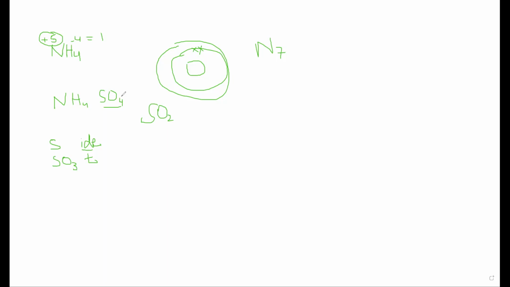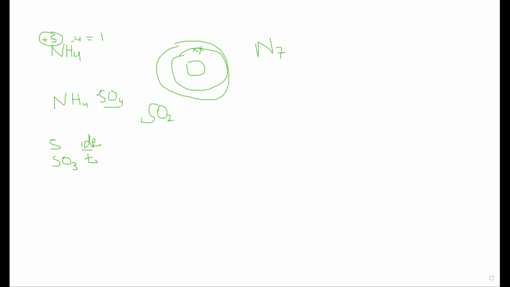Sulfur belongs to which group? Sulfur belongs to group 6. So the valency of sulfur would be 6, or going to gain 2 electrons, it will be 2 but negative.